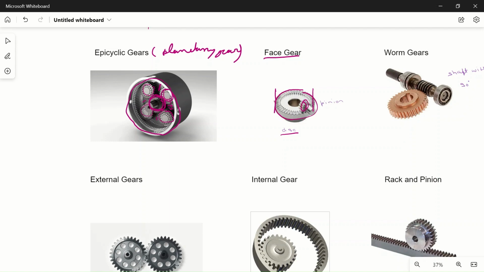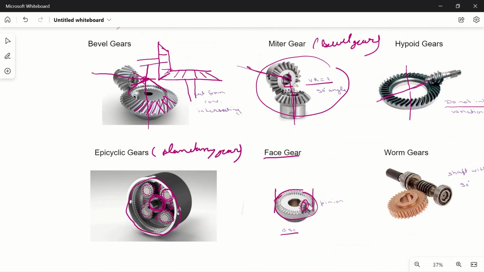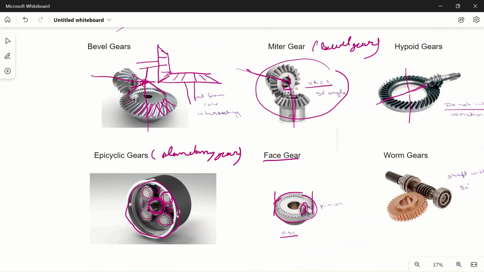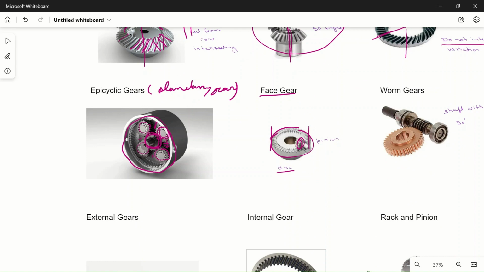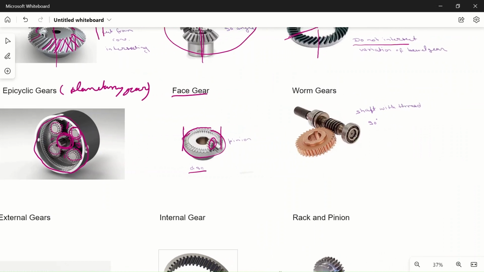In bevel gear you were seeing that they were at conical angle, but here this is simply a circular or disc type of gear, and a pinion is rotating on this. This can also transfer power at some angles. This is called face gear.